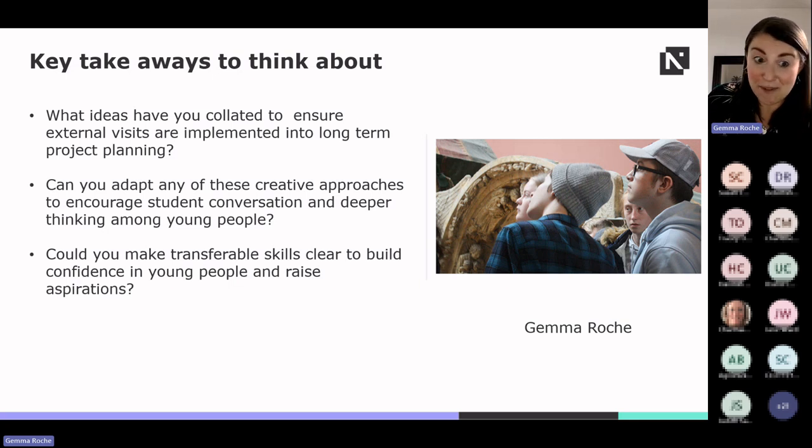All of the transferable skills I talked about, like compassion, resilience, team building: how can you make your external visit have those in, and make that really clear to the young people and the senior team who need to okay them? Just a few things to think about there. Does anyone have any questions? I feel like I whizzed through that.